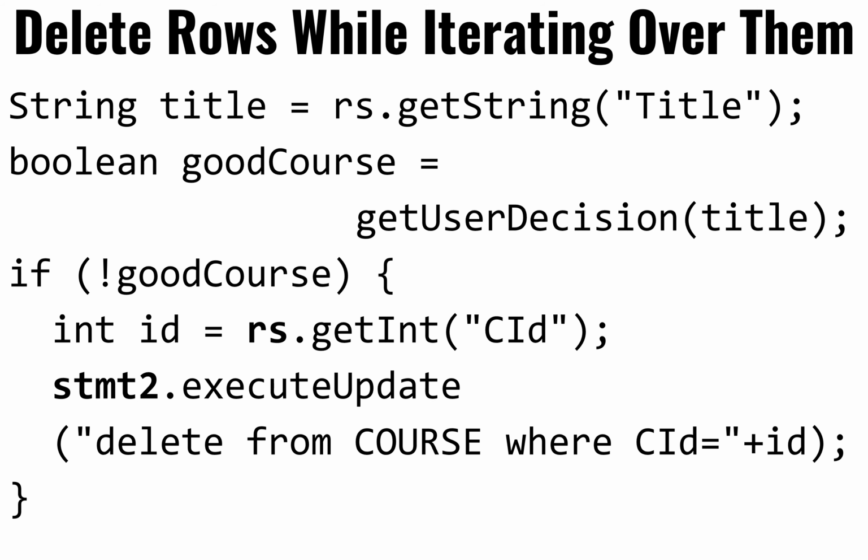Here we grab the title from the outer result set, and we decide whether this course was great or not, depending on the feedback of students. If it's not a good course, we grab the ID of the course and remove it: delete from course where CID is the CID.